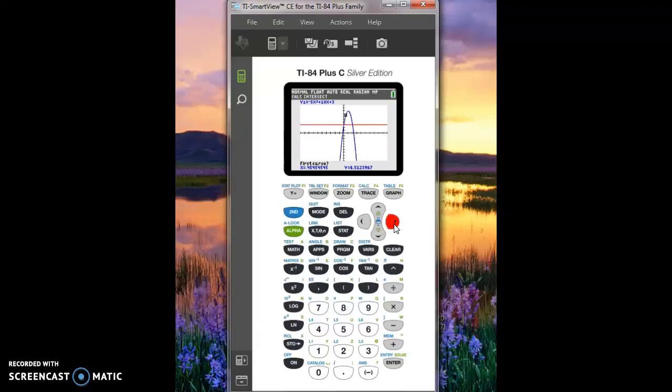So you'll have to move your blinker to the other side, close to that point of intersection, and then hitting enter 3 times will give you that value of 2 seconds. So again, at 2 seconds, that diver is on her way down, and she passes through that height of 3 meters again.